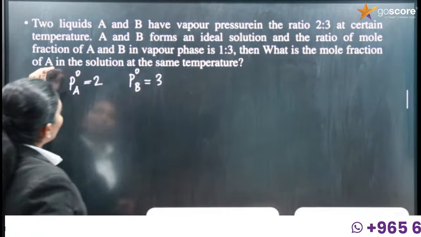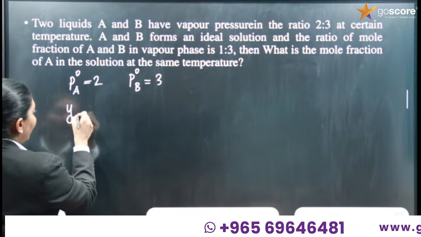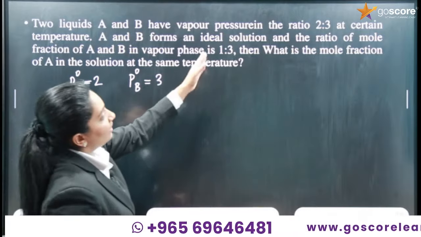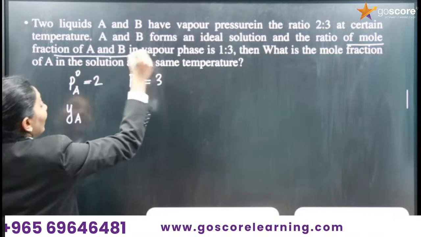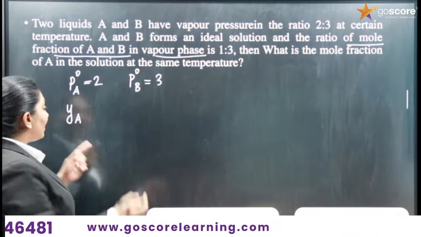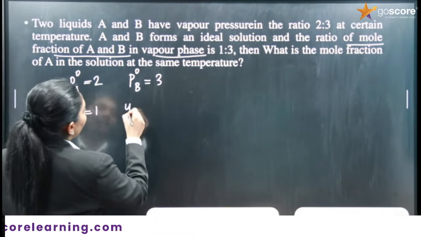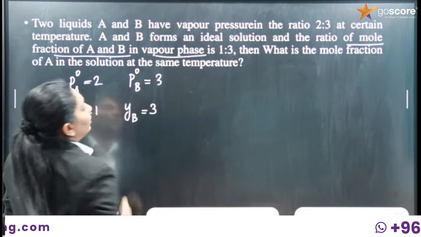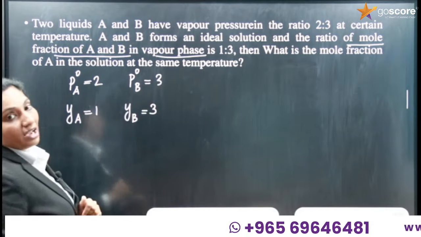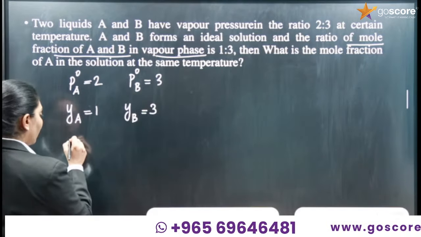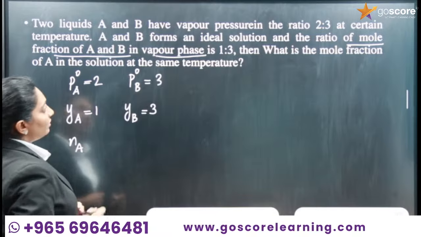And the ratio of mole fraction of A and B in the vapor phase, that is YA to YB, is given as YA equal to 1 and YB equal to 3. Then what is the mole fraction of A in the solution at the same temperature? That is what you want to find out.